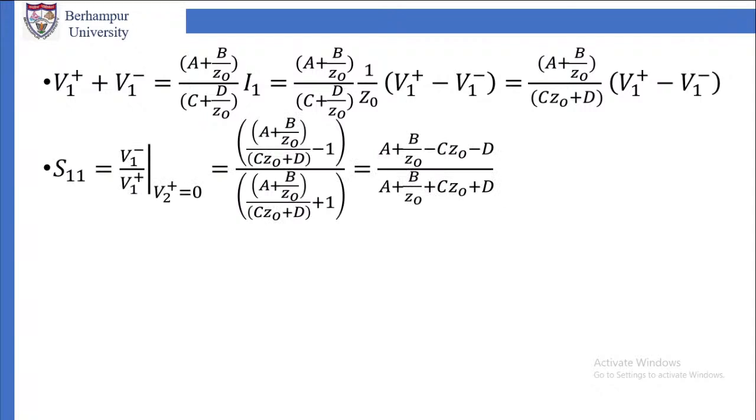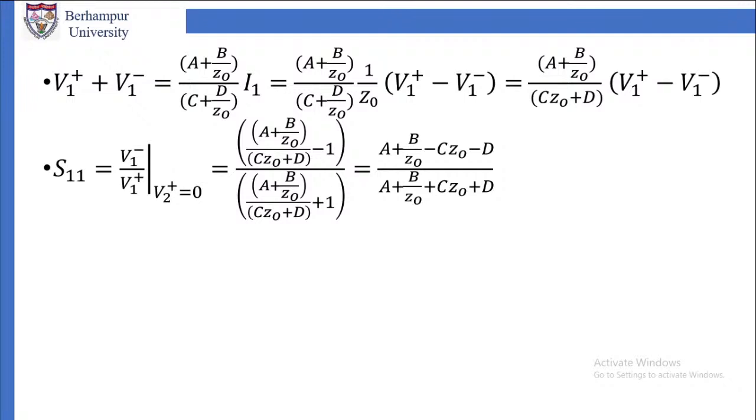Then S11 is V1 minus by V1 plus when V2 plus is equal to 0. That you can write as (A plus B by Z0 divided by CZ0 plus D, minus 1) divided by (A plus B by Z0 divided by CZ0 plus D, plus 1).